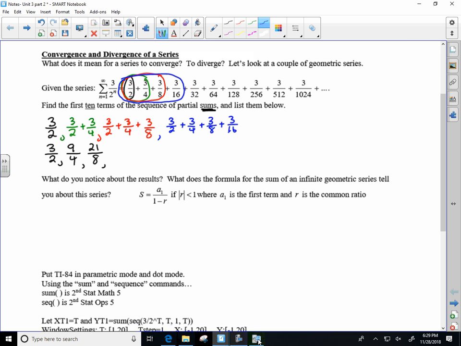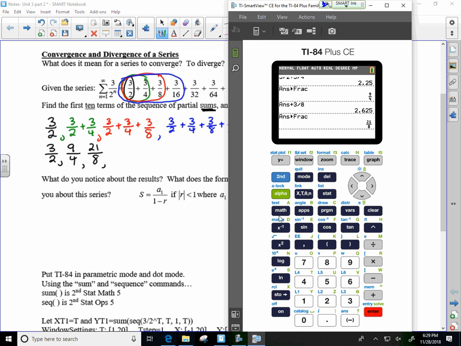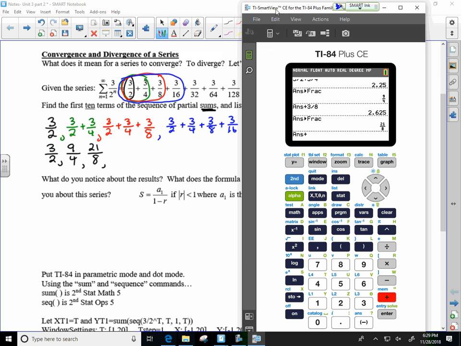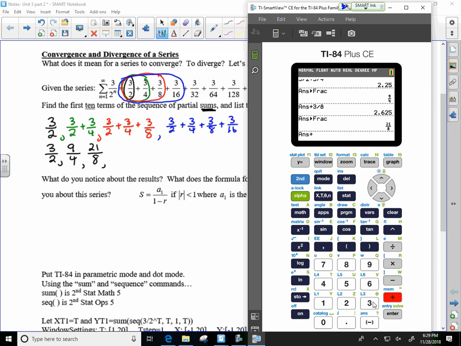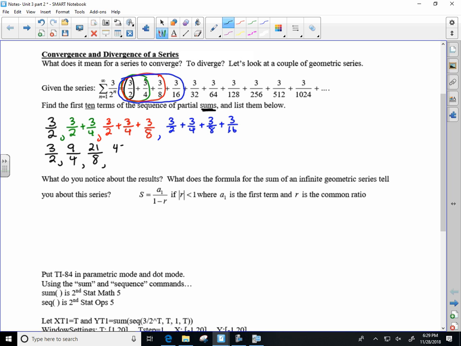All right, so my fourth entry. So I'm adding 3/16 to that. So 45/16. All right, so each one of these entries is the most accurate sum that we can come up with from this sequence, right?